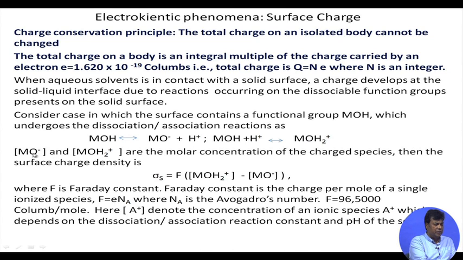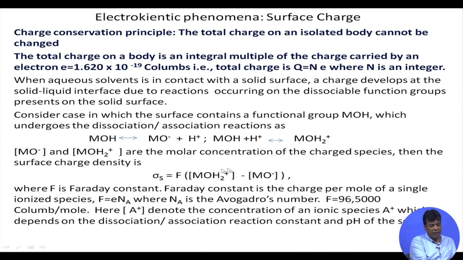So, if we denote these as the molar concentration of the charged species, then the surface charge density is the net concentration of positive and negative ions. This is the way it is written, sigma s, where F is the Faraday constant. Faraday constant is basically e times Na, where Na is the Avogadro's number and e is the electron charge. So, the Faraday constant is the charge per mole of a single ionized species.